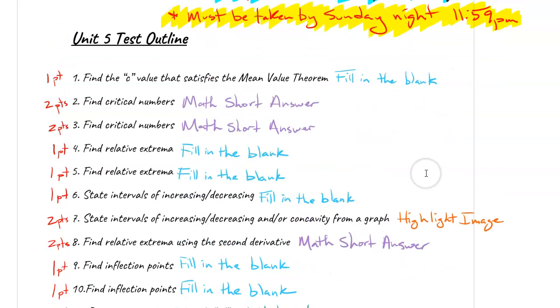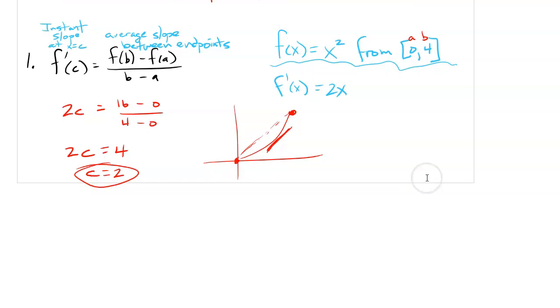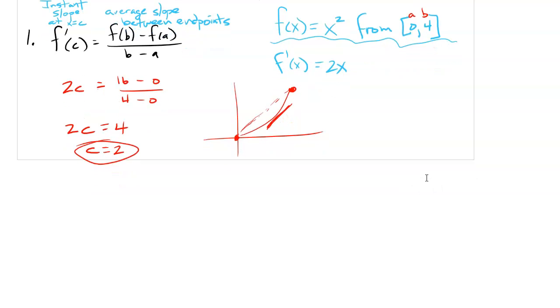Let's go to question 2. Critical numbers. Well, it is obvious who I have to call on for this one. And so Ari already knows. Perfect.